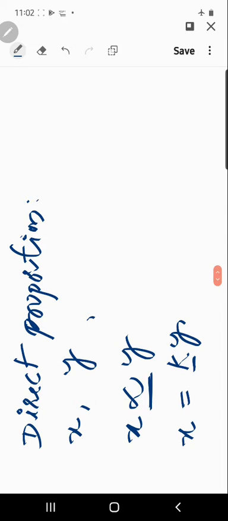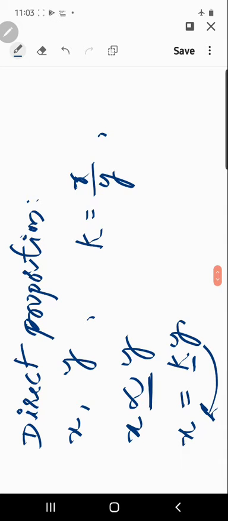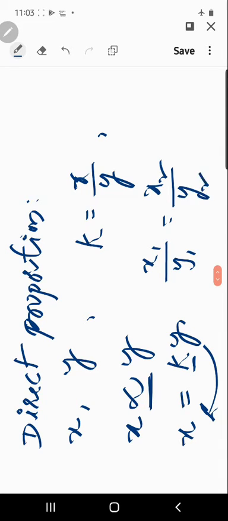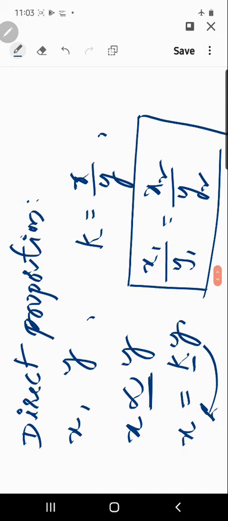Now, what is the k value? k is equal to x by y, if y is sent to this side. So by using this, we can write a formula that x1 by y1 is equal to x2 by y2. This is the formula we can use for direct proportion.